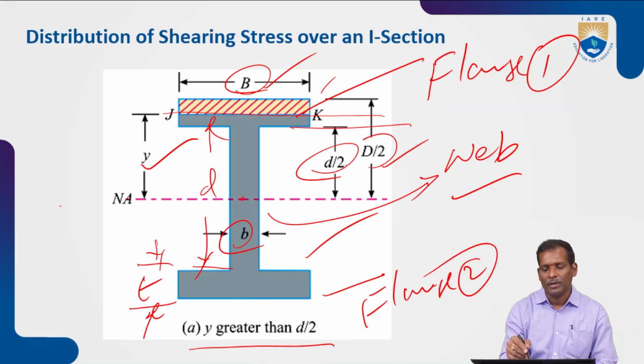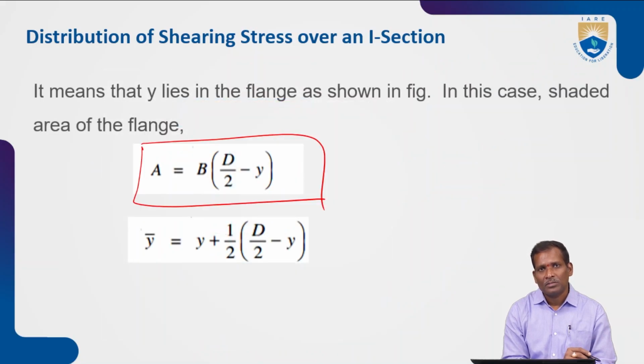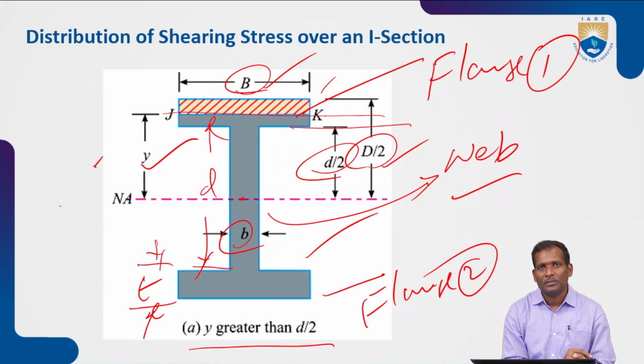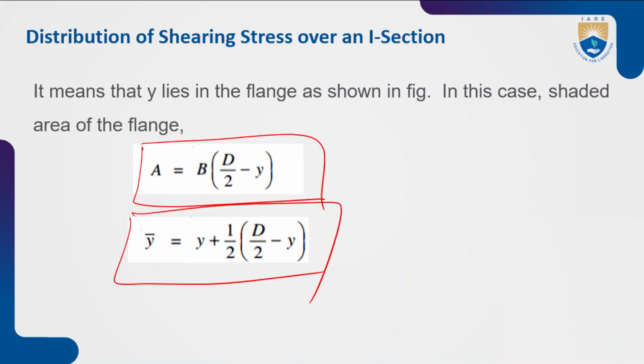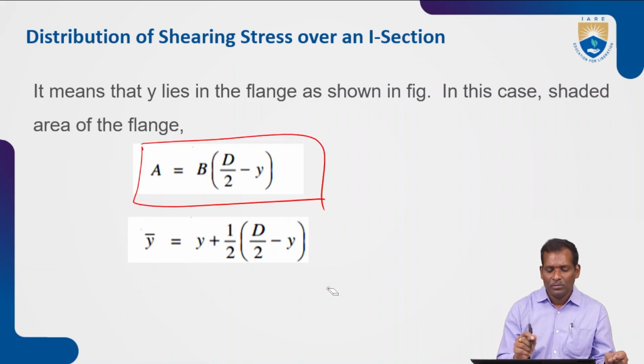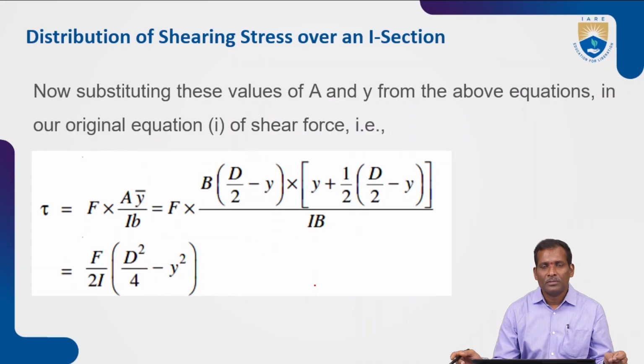That is, B multiplied with d by 2, minus the y measured from the neutral axis. Now calculate y bar, the distance from the neutral axis to the center of gravity of this area: y bar equals y plus half into d by 2 minus y.